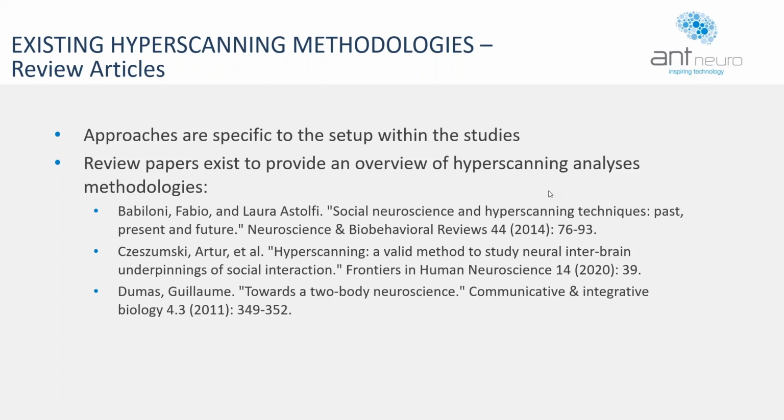Now, a lot of these studies where cooperation or connectivity is being explored look at a phase locking value, for example. So if the phase is locked within a certain time window, the value is 1, and then you have more synchrony in the phases between two subjects' data. And if the phase locking value is 0, it means that there is no phase synchrony between the two subjects' data.